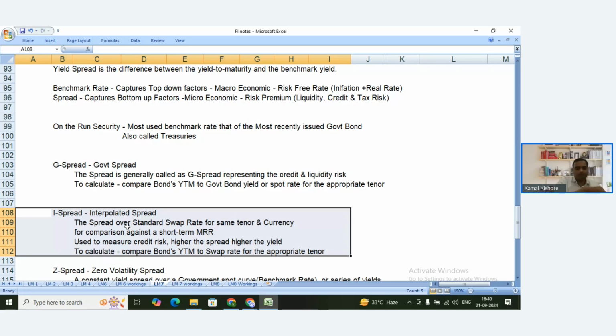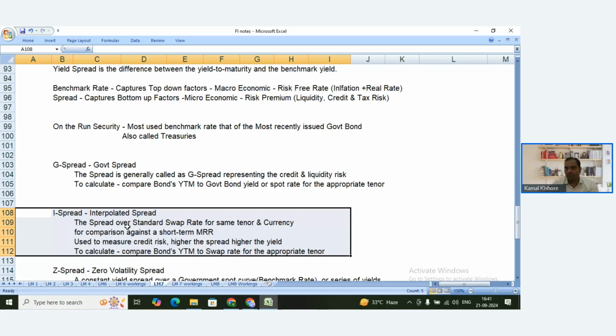Basically, it is the corporate bond's YTM less the swap rate. This is not a government bond here. Corporate bond YTM less the swap rate for the appropriate tenor. Meaning to say, very simple, the interpolated spread between, let's say, a real bond versus the index bond of Indian currency.